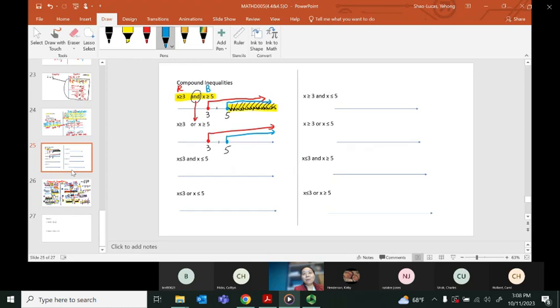So what numbers will be the final answer? Numbers that meet at least one of the requirements. Can anybody see that? What numbers are under at least one color? They don't have to be under 2 colors.